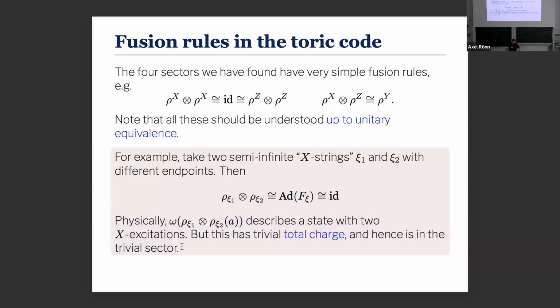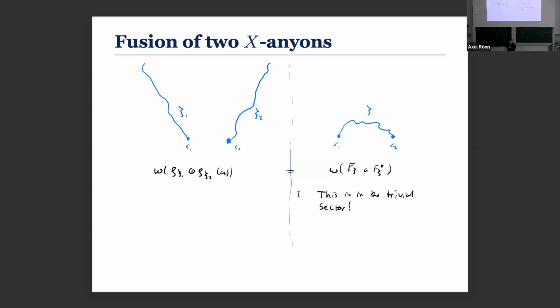I should maybe say that in the toric code, if I take two excitations of the x type, with the infinite strings, and I take a fusion product and look at this in the ground state, you basically get a state with two excitations. But this is in the trivial sector. I have a picture of this. This is the ground state. I have two of these x-type strings that go to infinity, and this state is really the same as this state with some path connecting these.